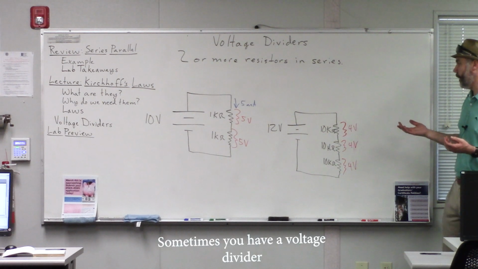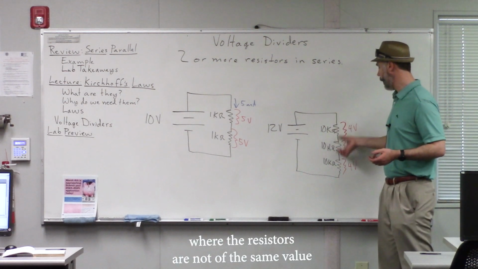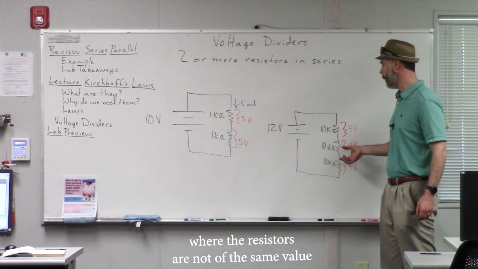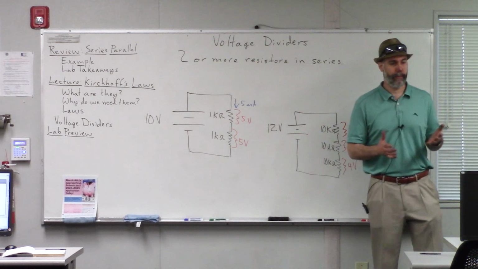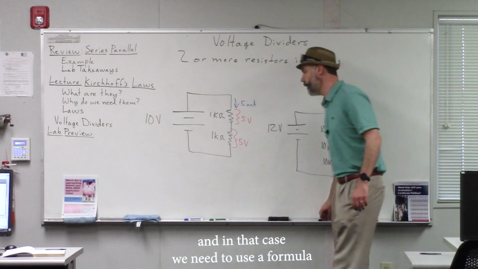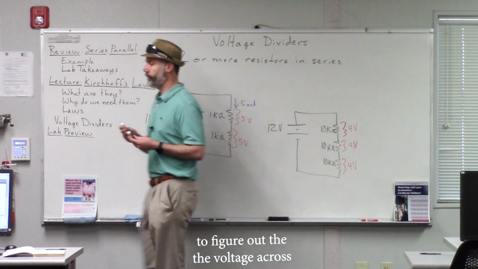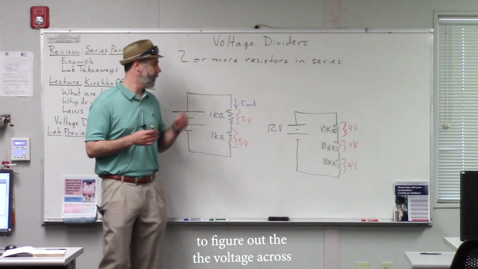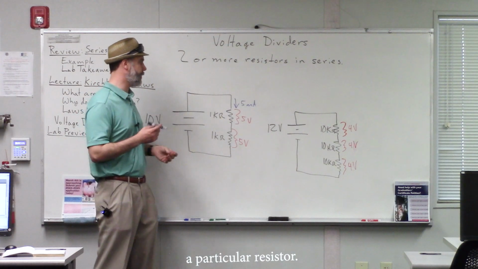Sometimes you have a voltage divider where the resistors are not all the same value. In that case, we need to use a formula to figure out the voltage across a particular resistor.